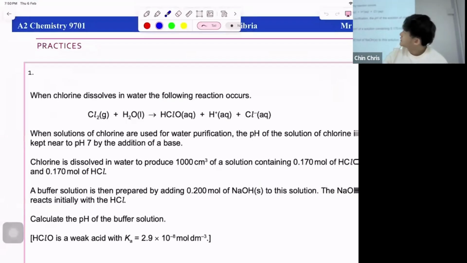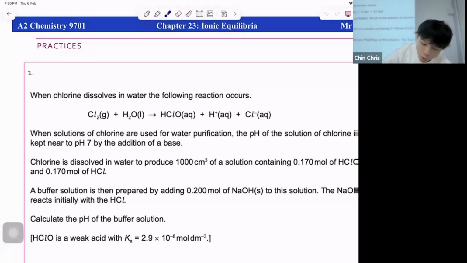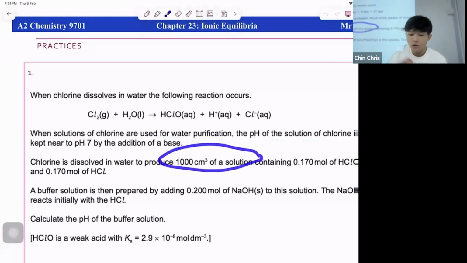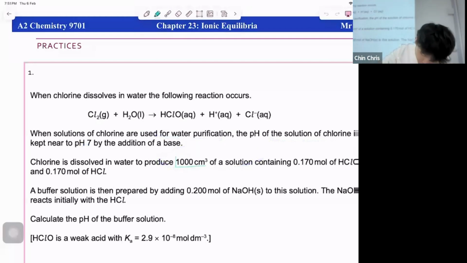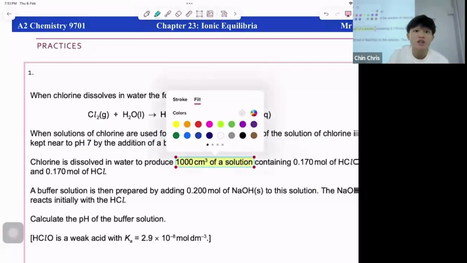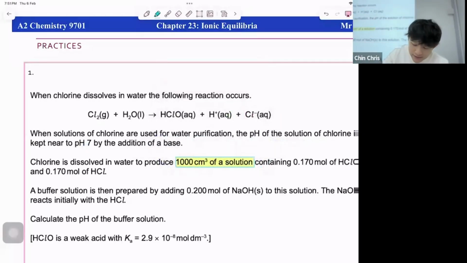Okay, guys. When chlorine dissolves in water, the following reaction occurs. Solutions of chlorine are used for water purification. The pH of the solution is brought near to 7 by the addition of a base. Chlorine is dissolved in water to produce 1,000 cm³ of a solution, so you need the volume to calculate the concentration, containing 0.17 mole of HClO and 0.17 mole of HCl.